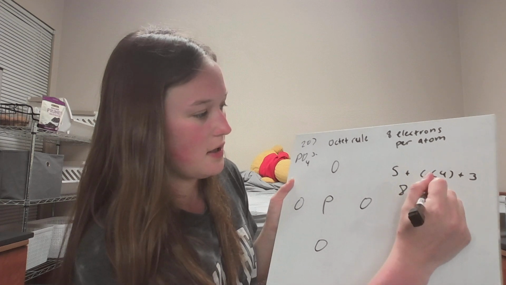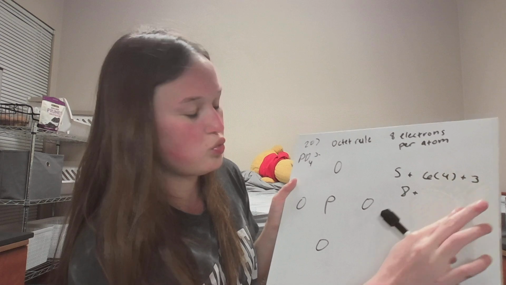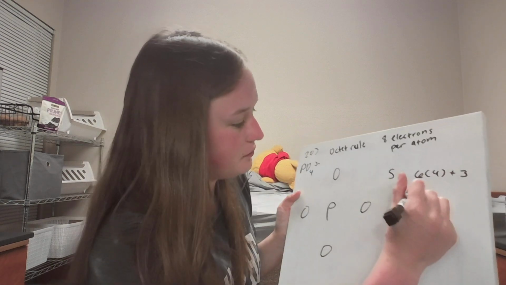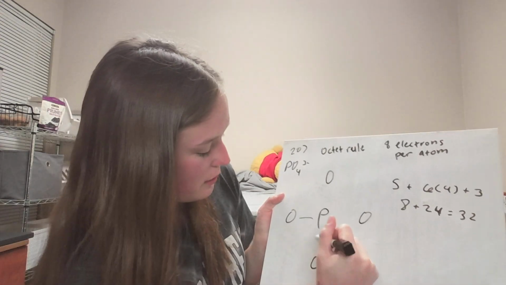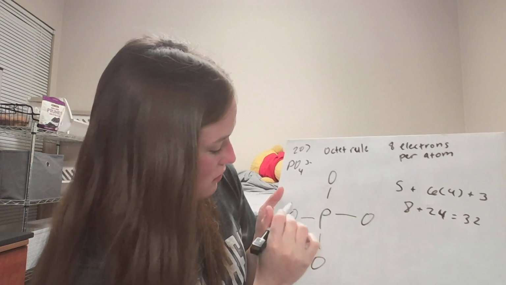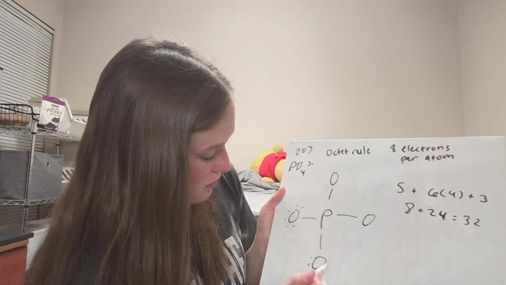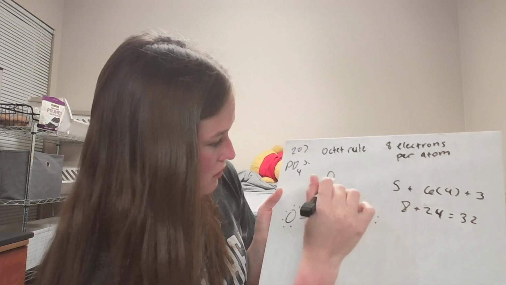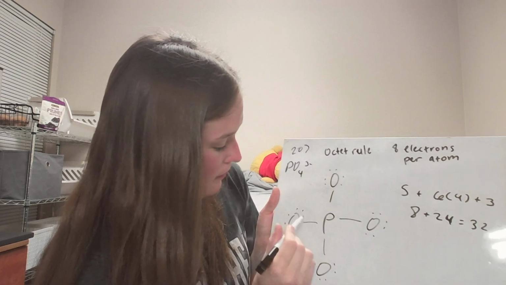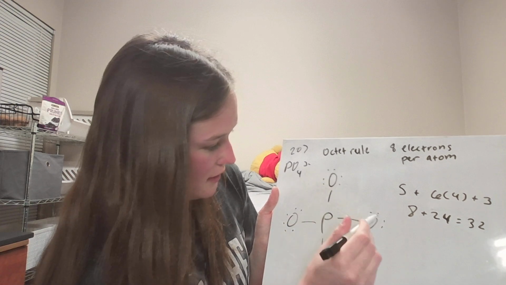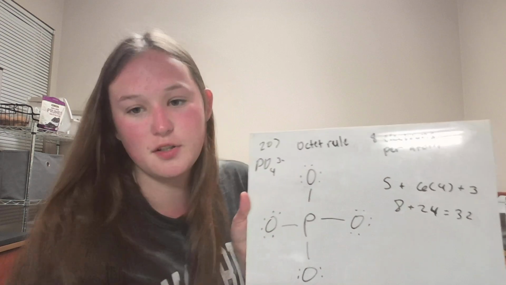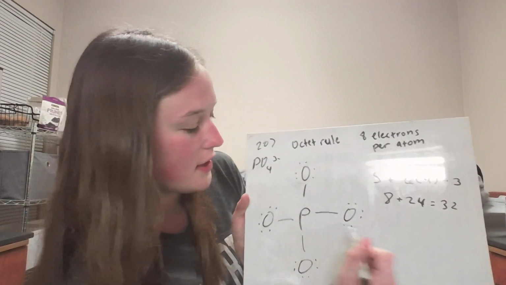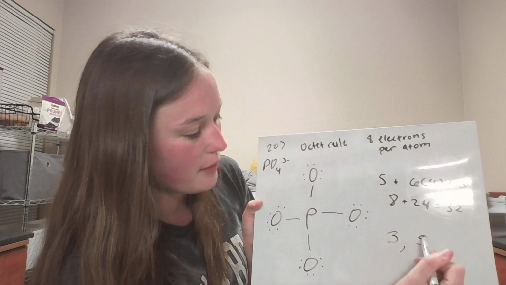So 5 plus 6 times 4, which is 24, plus 3, is going to equal 32. We're just going to do single bonds at first and see if that works. 2, 4, 6, 8, 10, 12, 14, 16, 18, 20, 22, 24, 26, 28, 30, 32. That works. It also works because phosphorus likes to form 3 or 5 bonds.